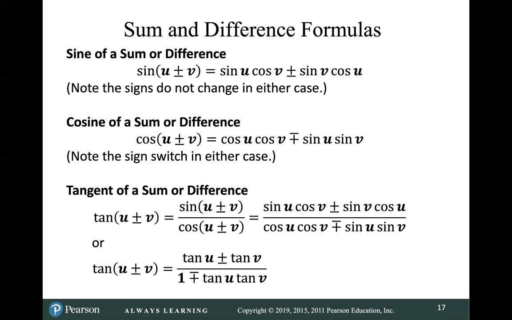This will give us exact values, whereas on a calculator, you can approximate these values, but you won't be able to find the exact value. These formulas are really memorization, but you'll always have access to them. Add them to your formula sheet, and then I'm going to show you a couple tricks.